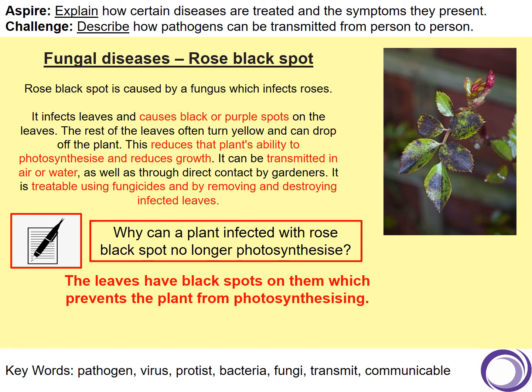So hopefully you have written down that the rose black spot can no longer photosynthesize because now it has black spots on the leaves, which prevents the plant from photosynthesizing.